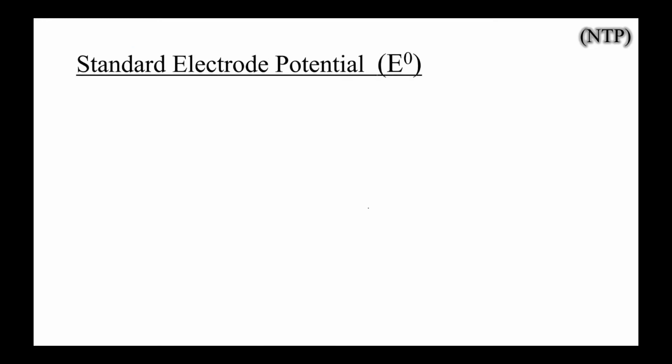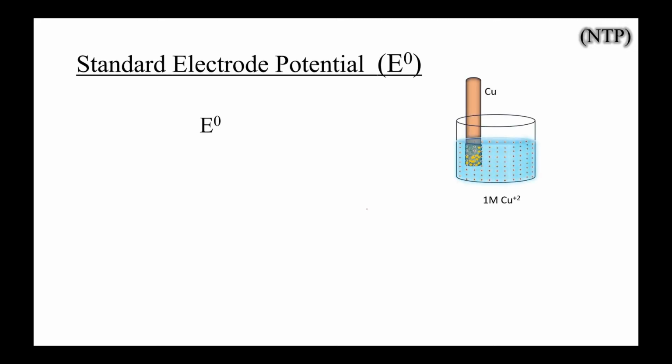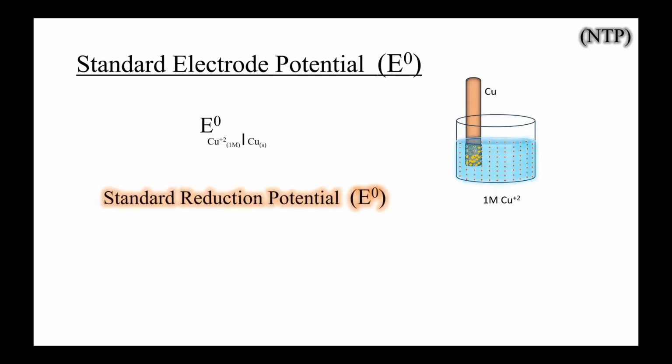In conclusion, if we look at the standard electrode potential E0 for copper, represented as Cu2+ converting into Cu, it means that the cation is converting into an atom. So this shows the standard reduction potential. So the standard reduction potential of copper is 0.34 volt.